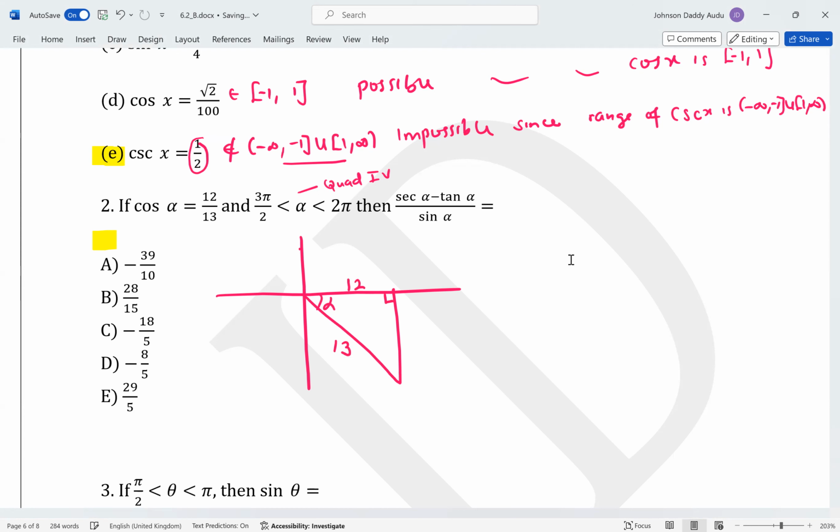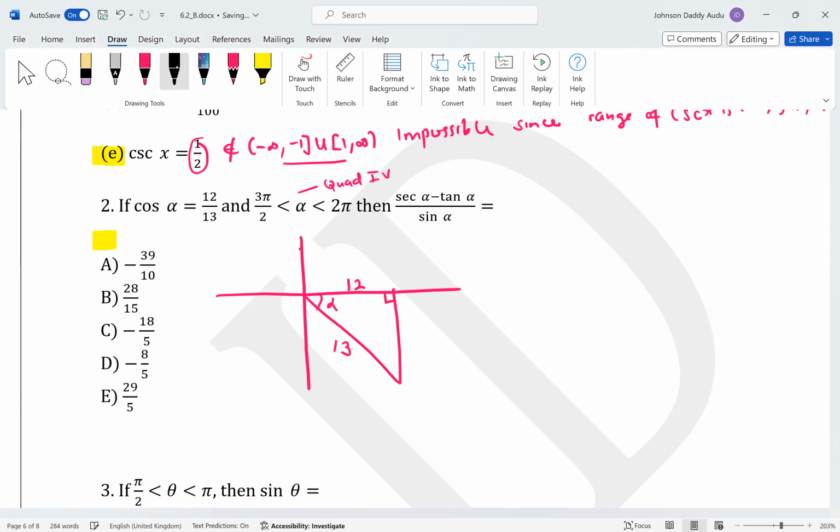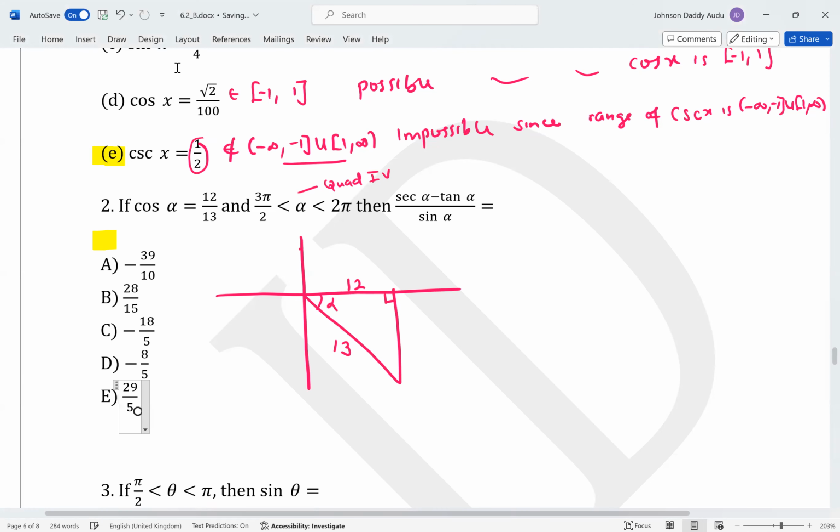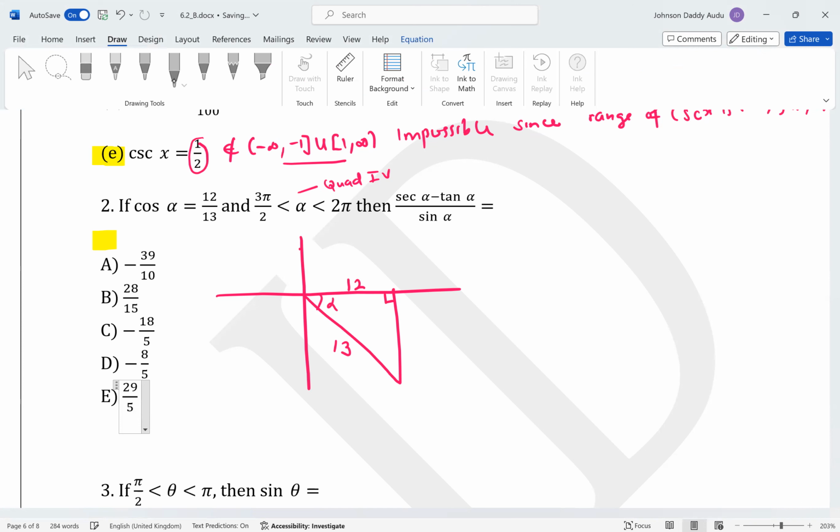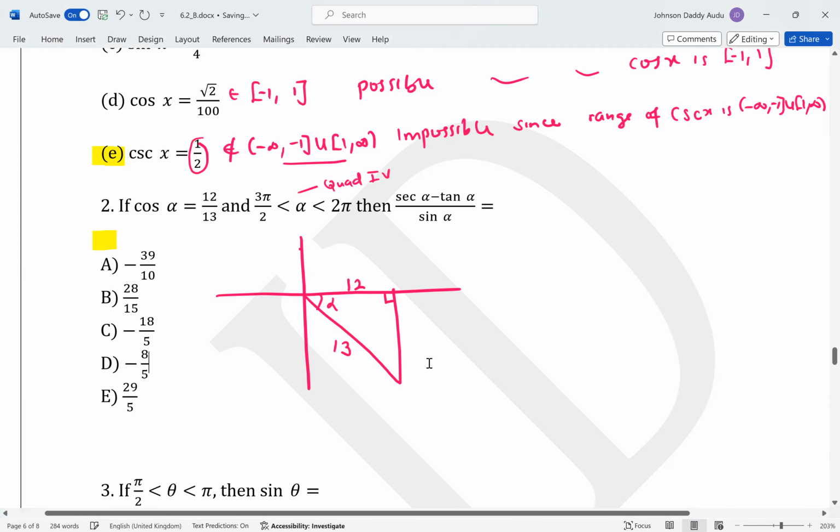So now we need to get our opposite. And we can get the opposite using Pythagoras theorem, right? So this is just going to be the square root of 13 squared minus 12 squared.